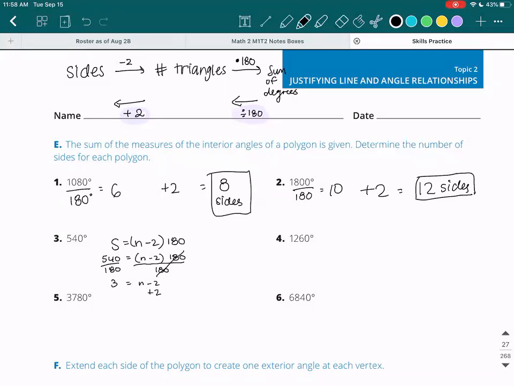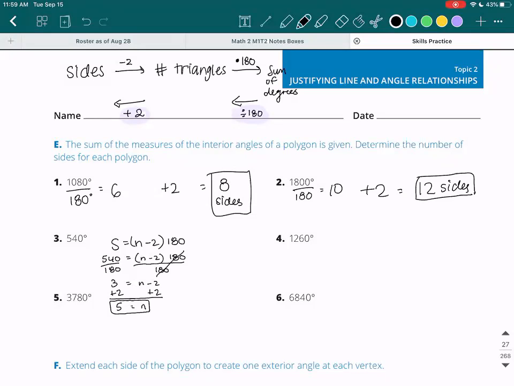That's exactly what we need to do to get our n by itself. So when you add 2, what's 3 plus 2? 5 is equal to n. So you can still get the same answer. N is the number of sides. You can still get 5 as the number of sides with the formula or with just reversing the steps.